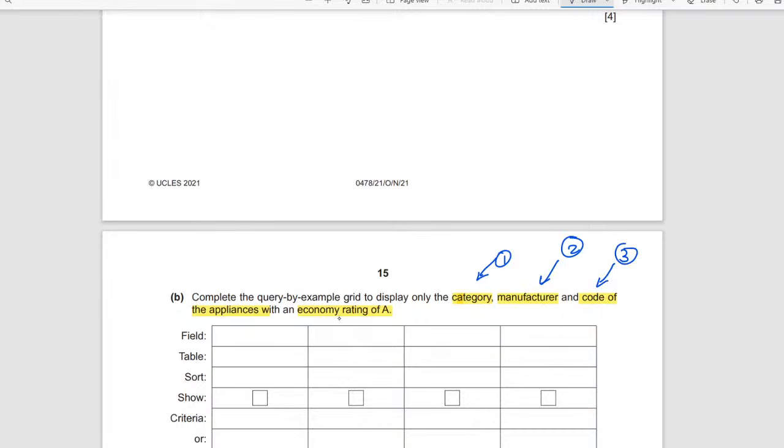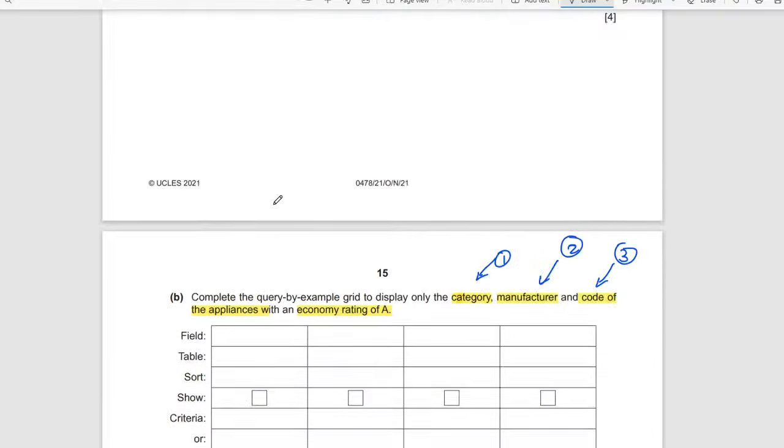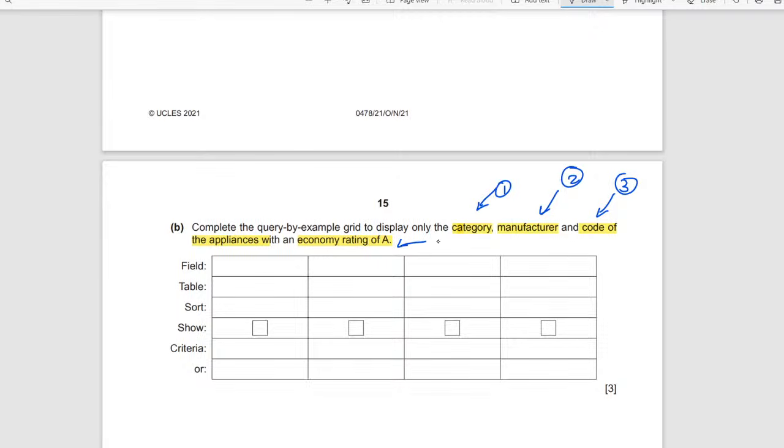And the fourth field is economy rating. So let's write all the fields. The first field is category, the second field is manufacturer, then it's code, and then it's economy rating.